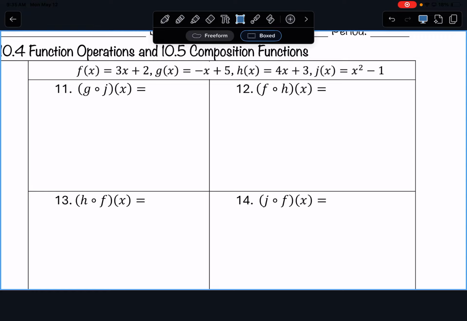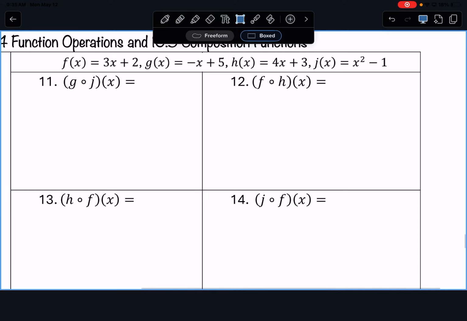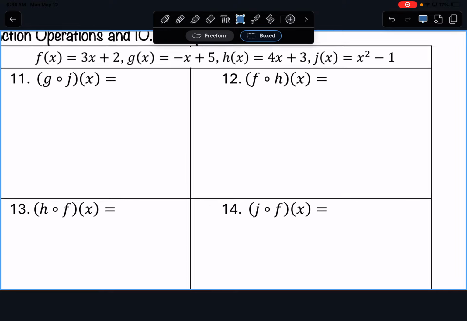Copy in F, G, H, and J. We're just copying in F, G, H, and J.